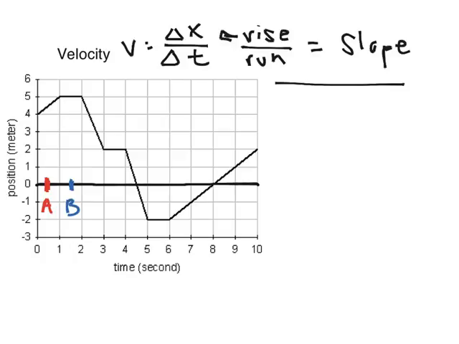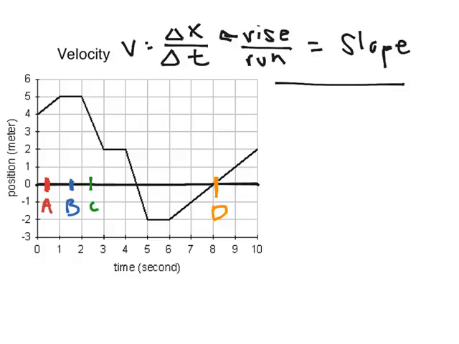Let's call that B. Oops, let me draw that down here. At this point, we'll call it C. And then, what is the slope at this point? We shall call that D. So go ahead, pause, and figure out what the slopes are at each of those points.